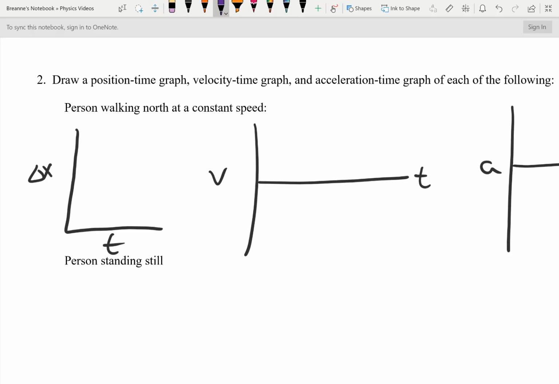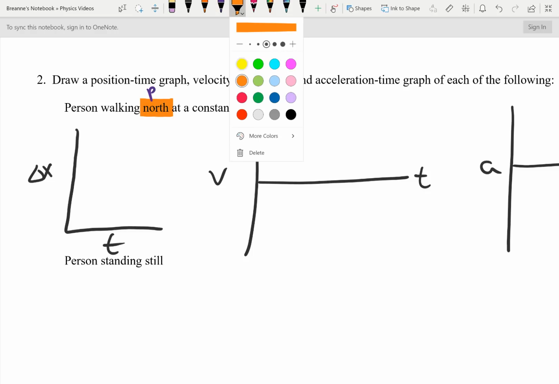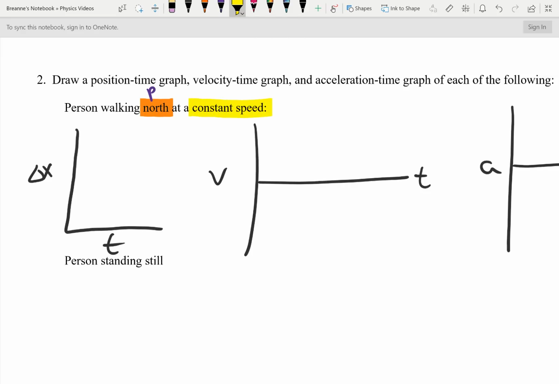So a person walking north at a constant speed. So north is a positive direction. And another thing that should be getting bells and whistles is constant speed. Constant speed means there's no acceleration.